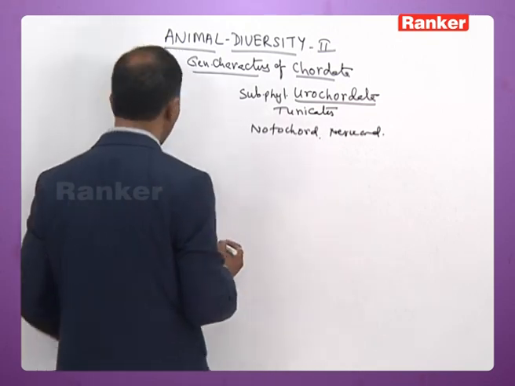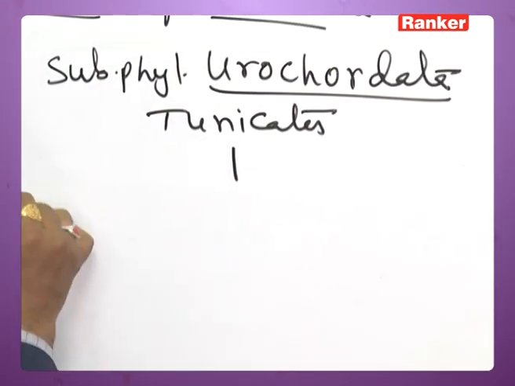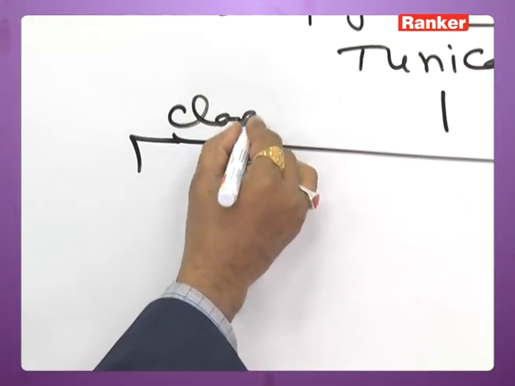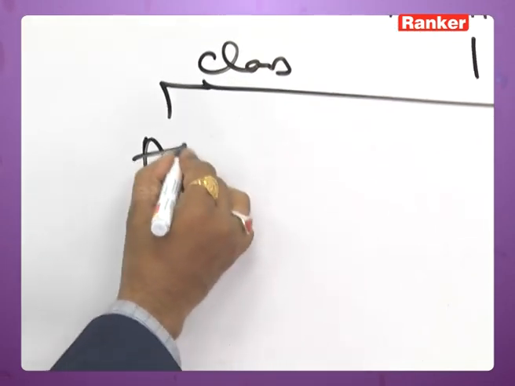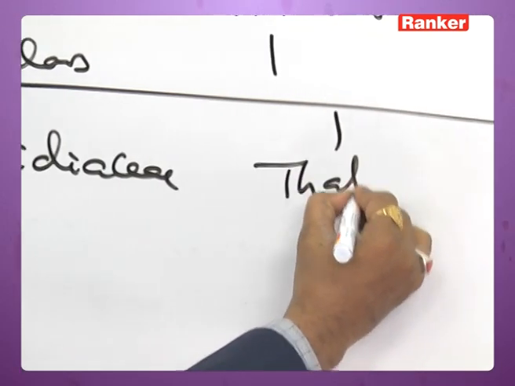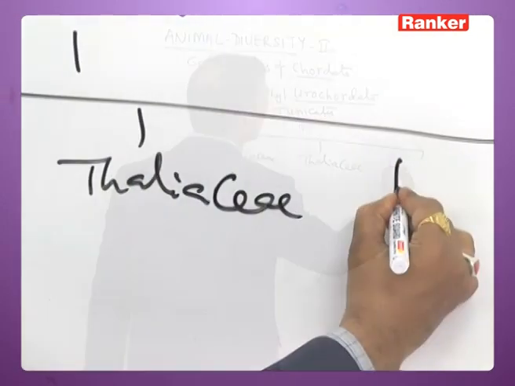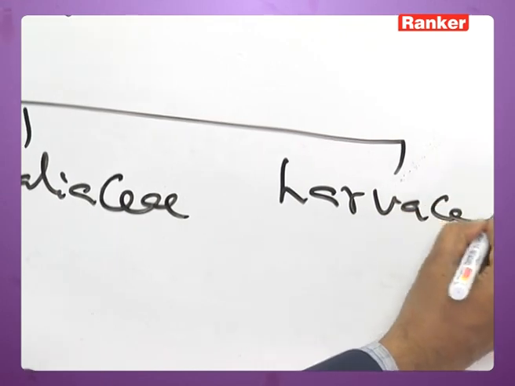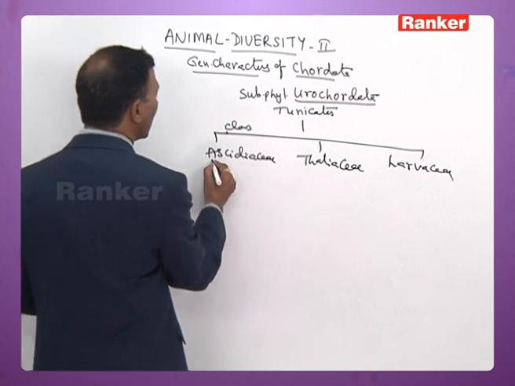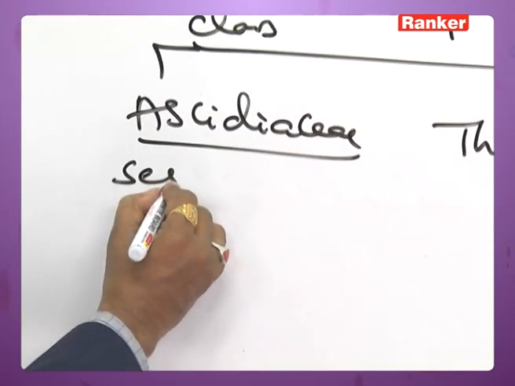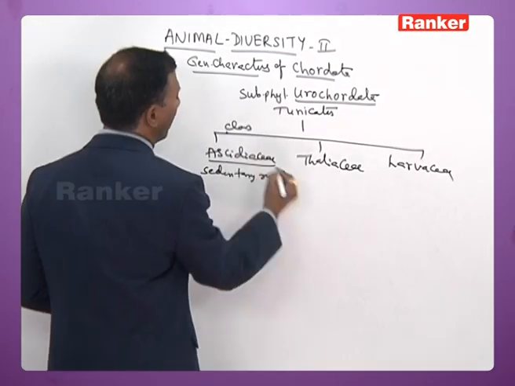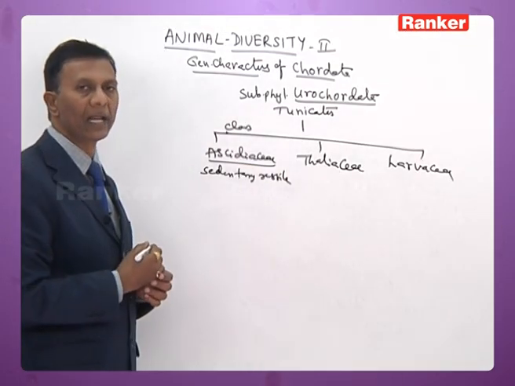Now, urochordata is divided into three classes: class Acidiaceae, class Thaliaceae, class Larvaceae. The Acidiaceans are all sedentary and sessile.